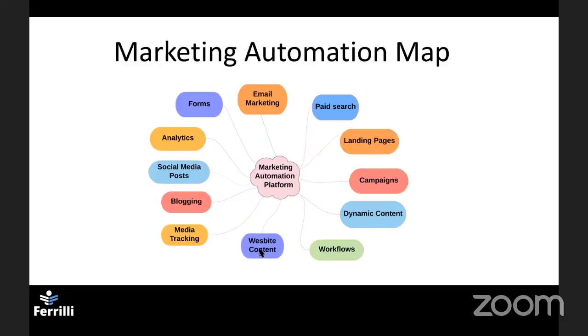The marketing automation map gives you a sense of all the different things that one can do with marketing automation, from paid search to landing pages, campaigns, blogging, analytics, forms, and so on.